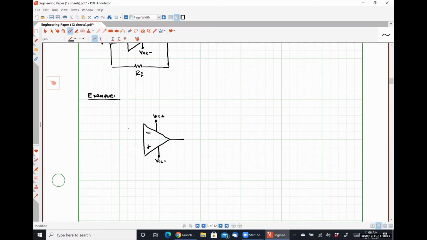I'm going to put a 10 kilo ohm resistor here in the feedback position, a 5 kilo ohm resistor here, connected between the inverting input terminal and ground.